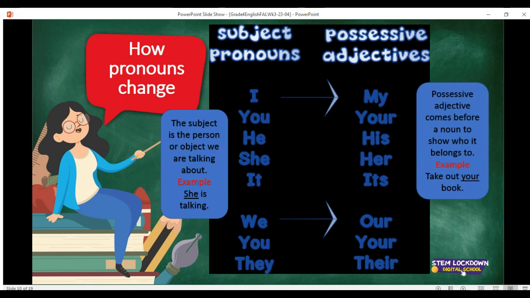So possessive adjectives come before a noun to show who it belongs to. So an example I've got is take out your book. So your book shows me that the book belongs to you. So this is just to show who the noun belongs to. So don't be scared when you see that big word. Okay. Just showing me what belongs to what.